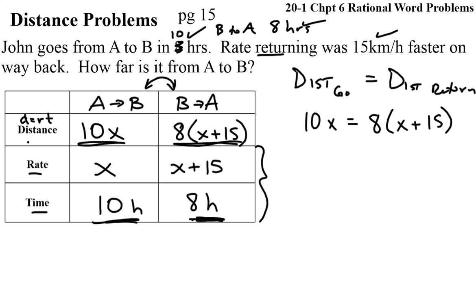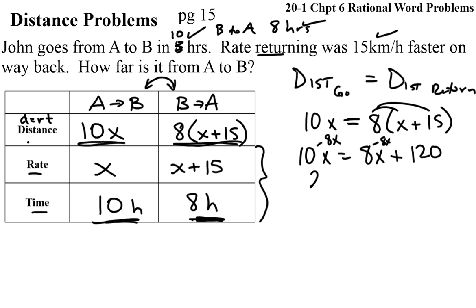So distance equals distance. It doesn't outright state it, but the whole question talks about it. So now we solve. 10x is equal to 8x plus 120. Subtract 8x, get x's to one side. 2x is 120, and x works out to be 60.